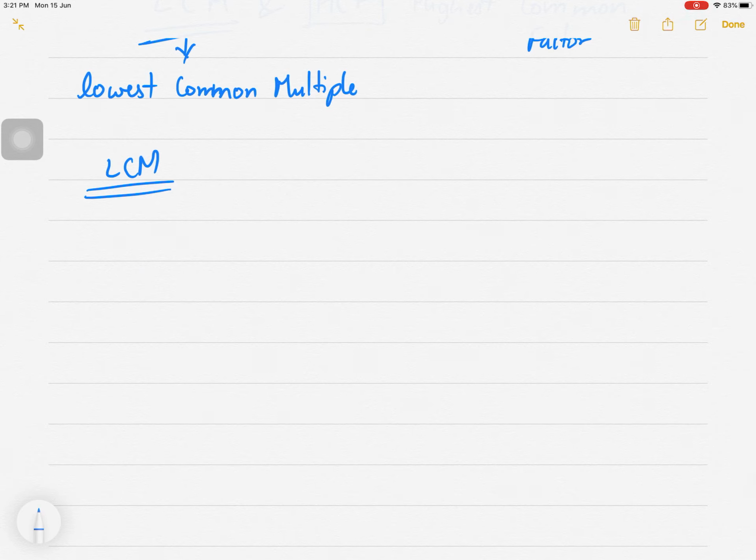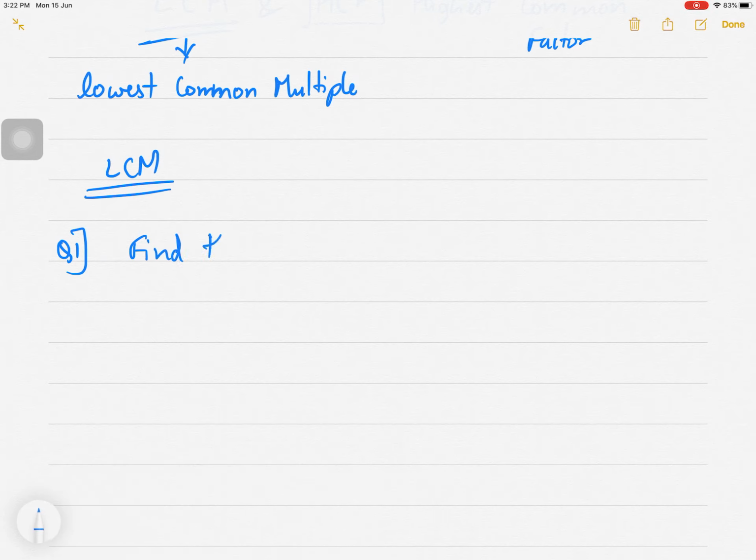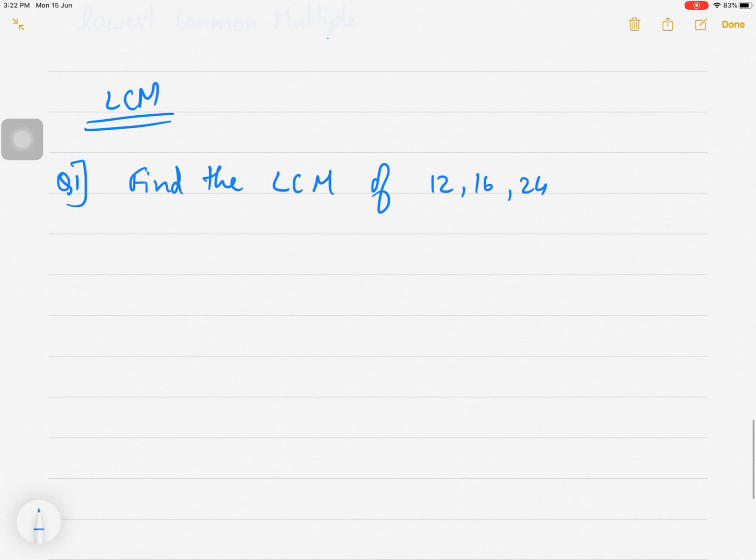So let's solve a few sums in the prime factorization method. Find my question number 1, find the LCM of 12, 16, 24. We will use the prime factorization method.